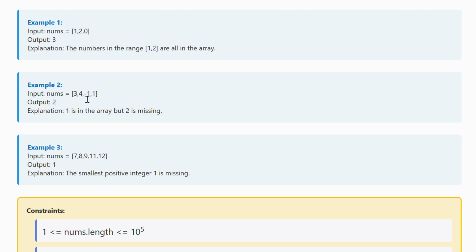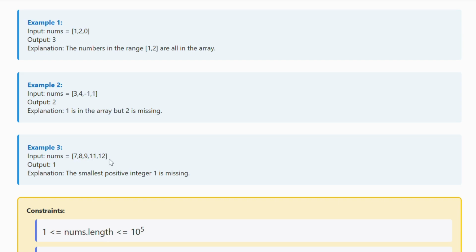That is, you have to ignore all the bigger numbers that are greater than the length of the array. Let's see, this is our array, and here what are given? 7, 8, 9, 10, bigger numbers are given, right? So we have to ignore them.